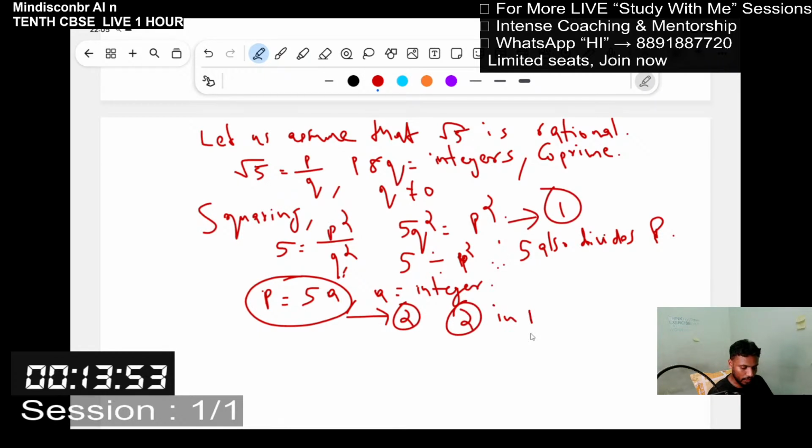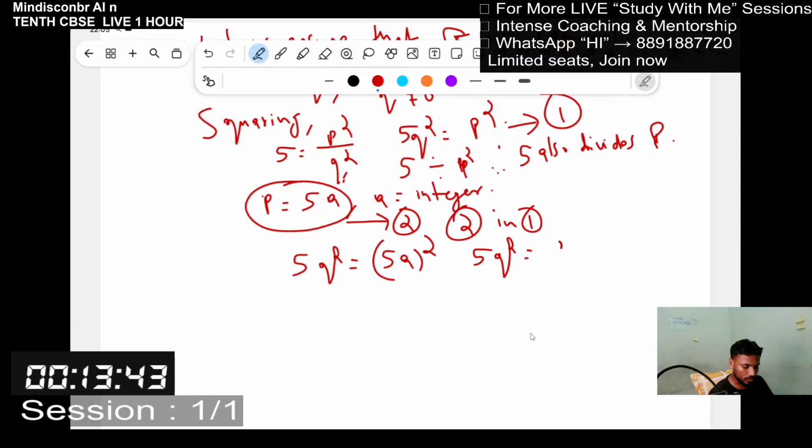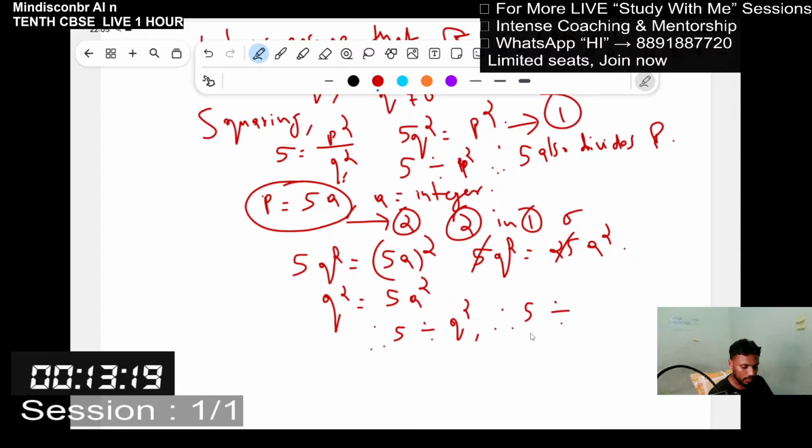Substituting 2 in 1, we will get 5q square is equal to 5a the whole square. That implies 5q square is equal to 25a square, and cutting this 5, q square is equal to 5a square. Therefore 5 divides q square. Therefore 5 also divides q. This is 3.